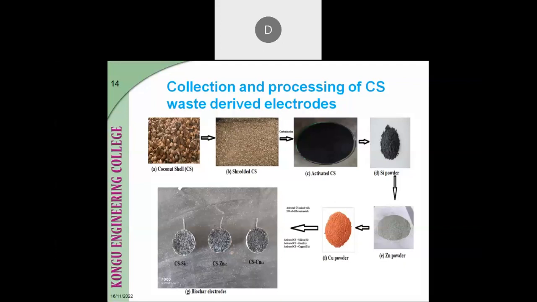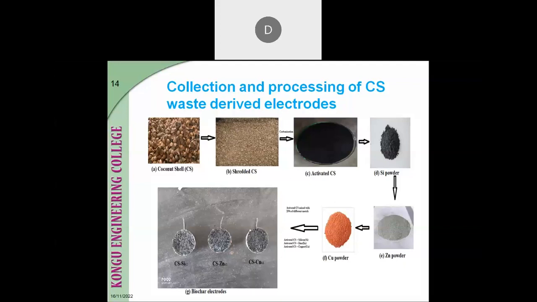The epoxy resin and hardener were mixed with the electrodes in the ratio of 2:1. The curing process is done for almost 1 day under atmospheric conditions.